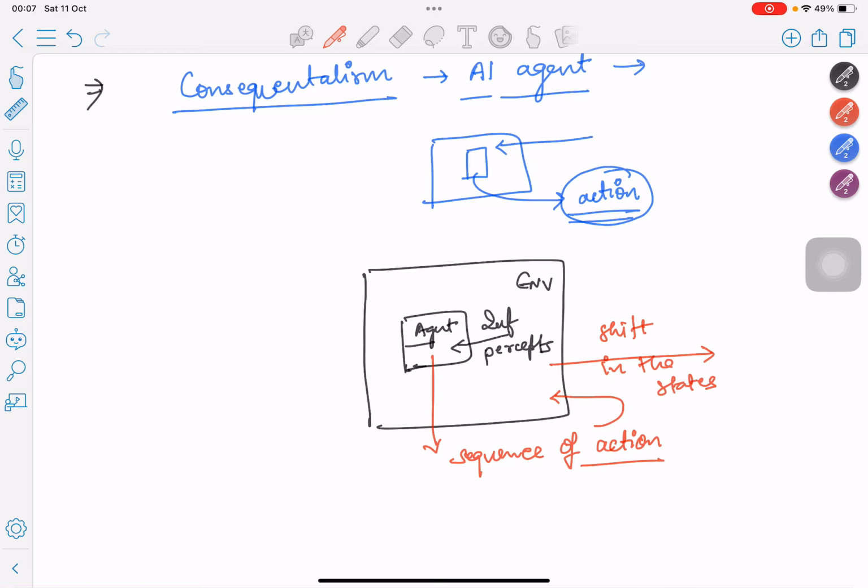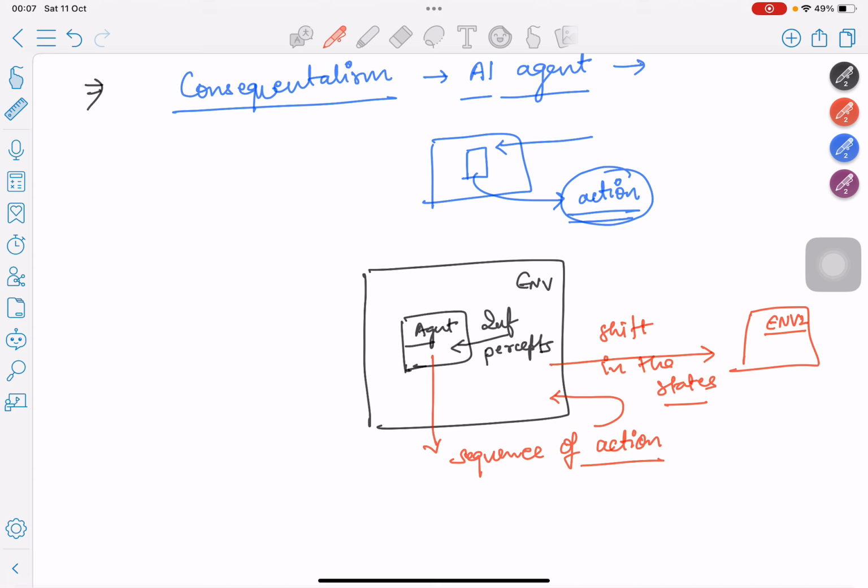Initially the environment might be at some state, but when an agent performs a sequence of actions on the environment, the state of the environment will shift from one state to another. So now the environment is at some other state.